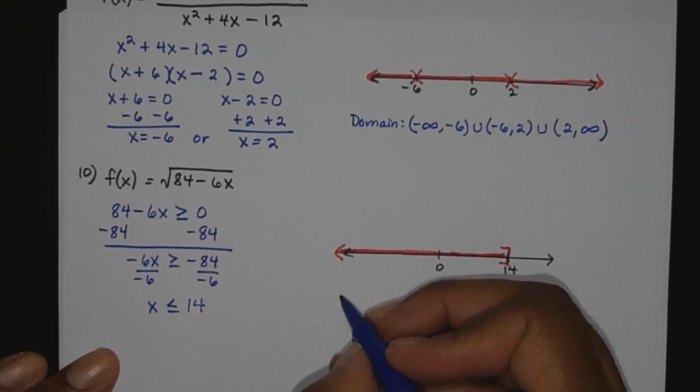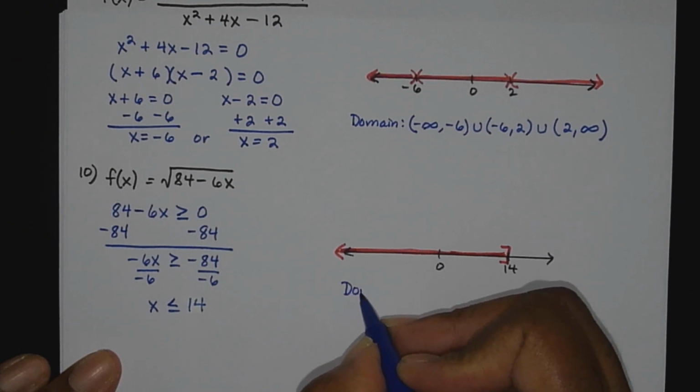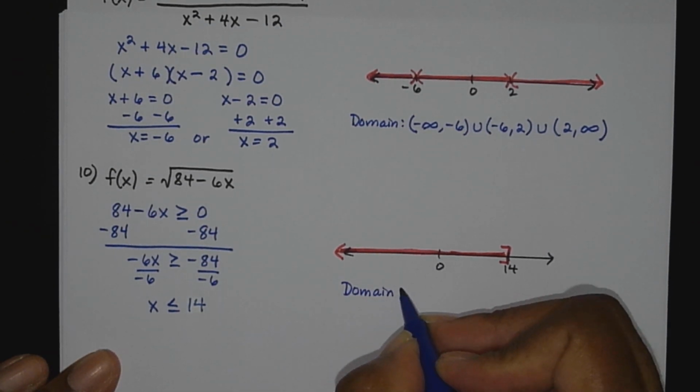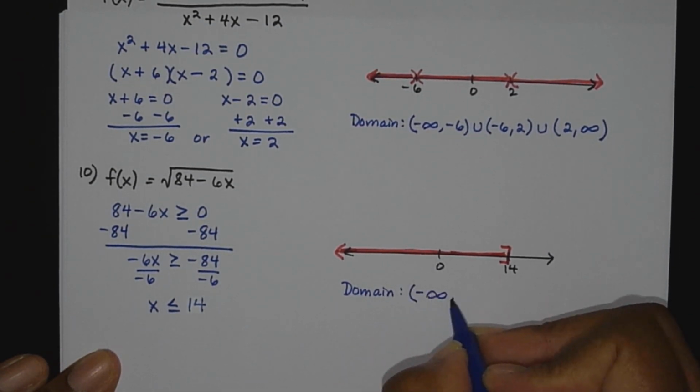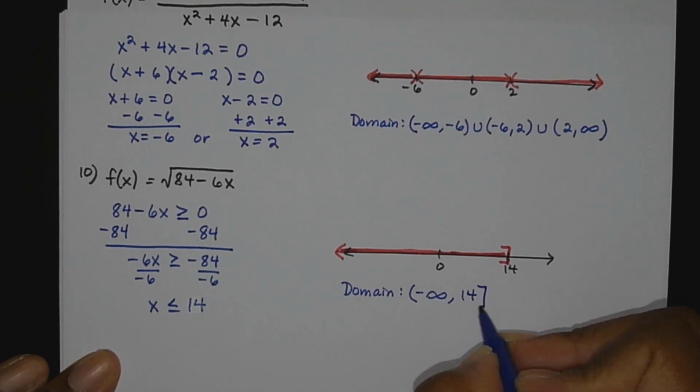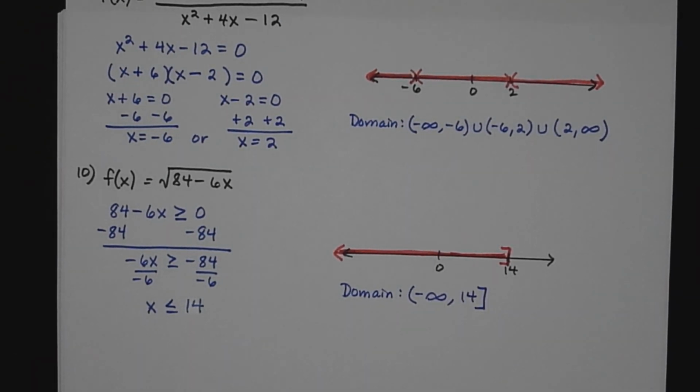So the domain of that radical function, negative infinity to 14, interval notation for that is written like that with the bracket. All right, questions on number 10.